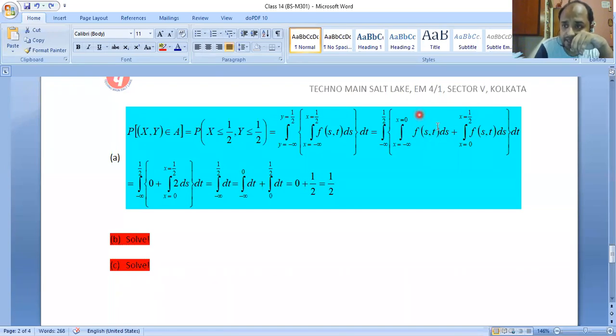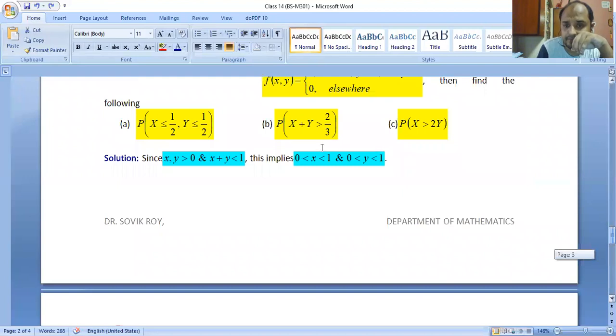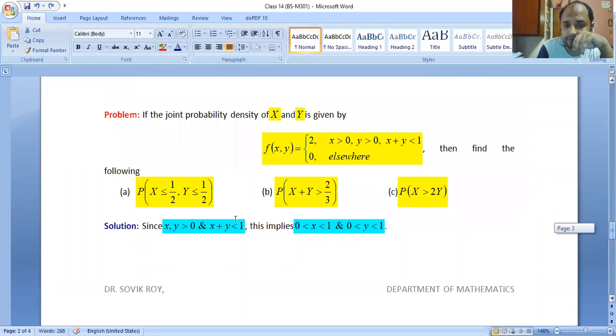This portion will vanish. And 0 to half is a sub-interval of 0 to 1, so the functional form will be valid in this region also. The function is given as 2. You see? This is my function, and therefore f of s, t will be 2.